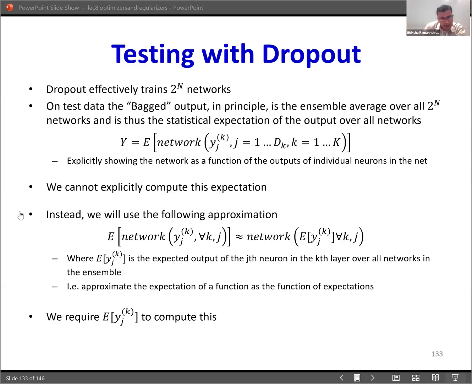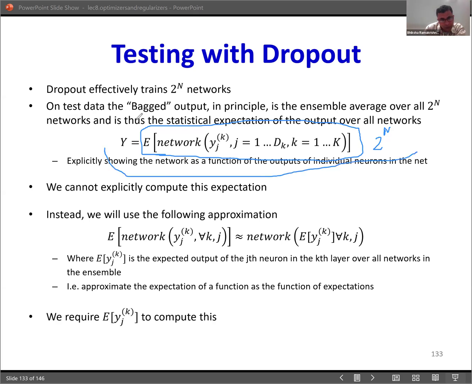But then, continuing the bagging principle, what did we do when we were bagging a lot of classifiers? We computed the average of all of the classifiers. In other words, you want to compute the expectation over all of the 2 raised to n networks when you compute your actual output.